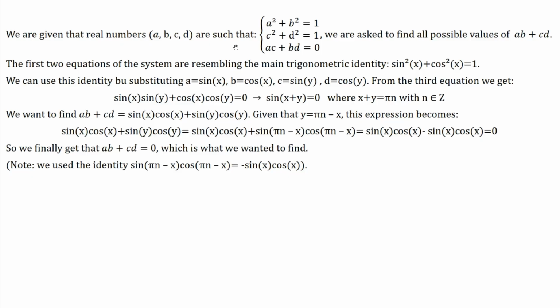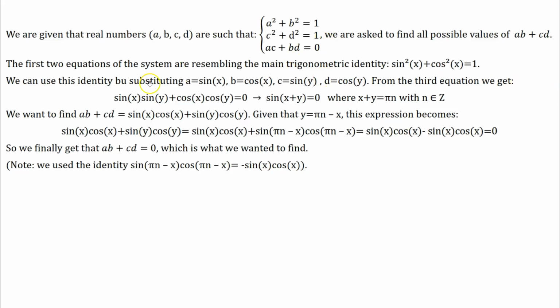To do so, let's make some substitutions. Let sine x be equal to a, cosine x equal to b, sine y equal to c, and cosine y equal to d. From the first equations, we get that sine x squared plus cosine x squared is equal to 1, and sine y squared plus cosine y squared is equal to 1.